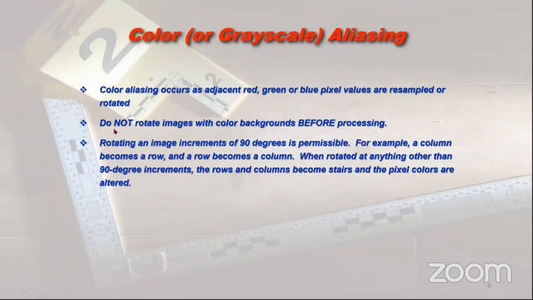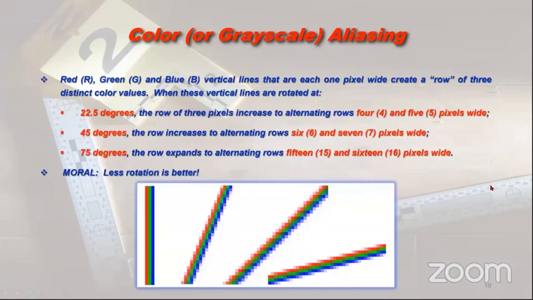So once again, do not rotate images with colored backgrounds before processing. 90-degree increments is acceptable, or using the rotate view tool is acceptable. But going into image rotate is not acceptable.